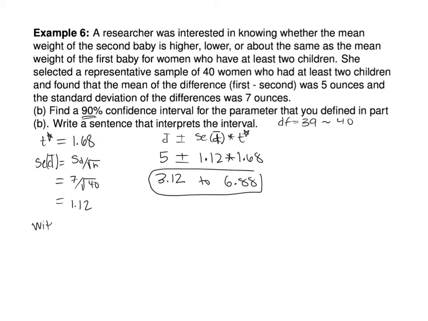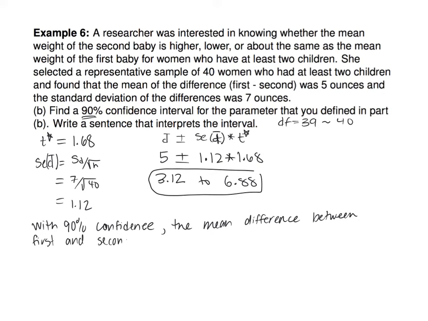So then we say with 90% confidence, the mean difference between first and second born is 3.12 to 6.88.